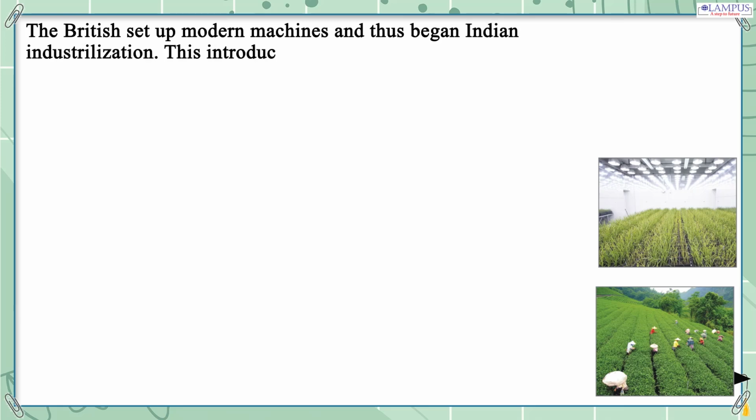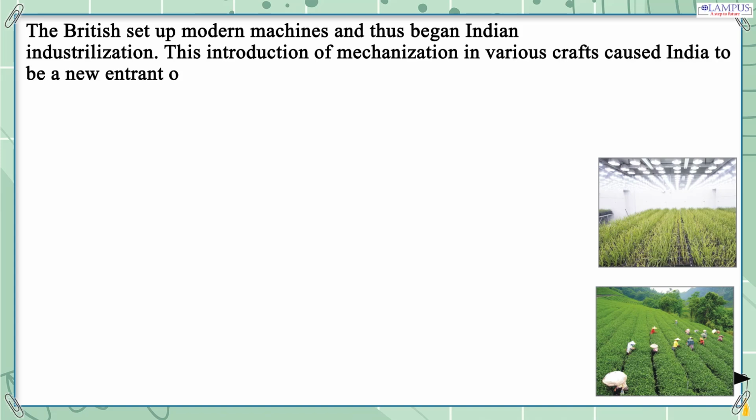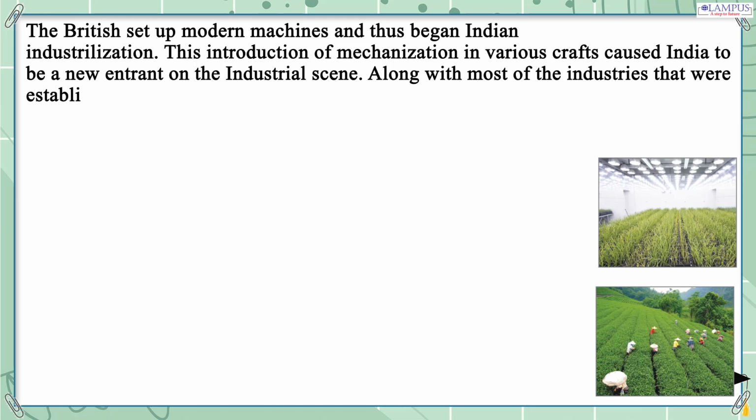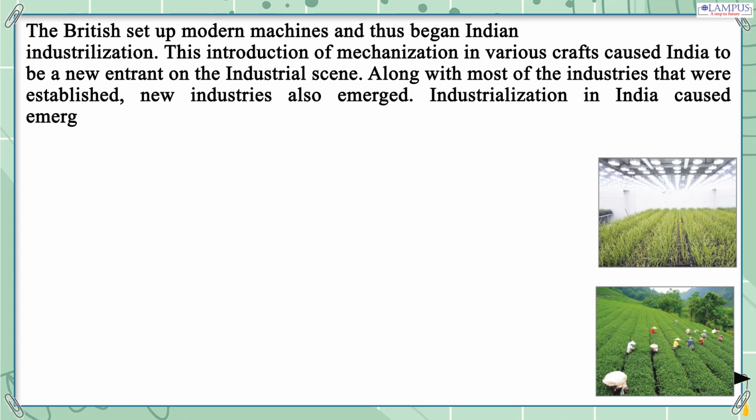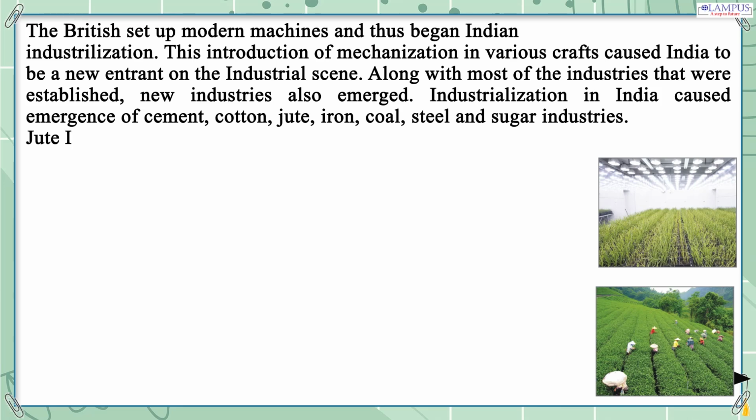This introduction of mechanization in various crafts caused India to be a new entrant on the industrial scene. Along with most of the industries that were established, new industries also emerged. Industrialization in India caused the emergence of cement, cotton, jute, iron, coal, steel and sugar industries.